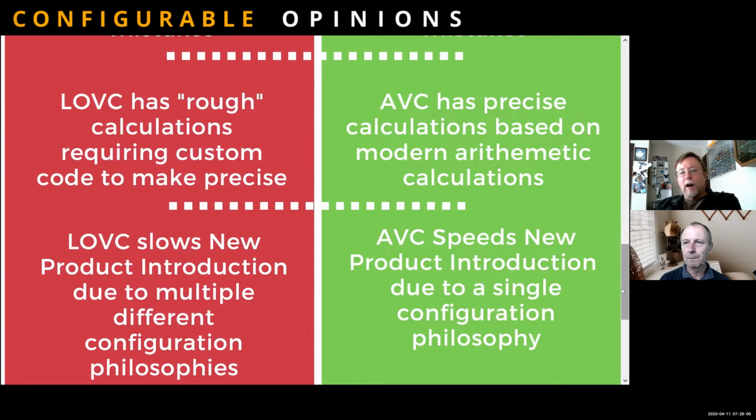And in my opinion, because LOVC is a procedural engine at heart with a constraint engine built on top of it, it actually slowed down new product introduction because you're trying to figure out how to do things, because there's multiple ways that it can be done. And the AVC, in my opinion, is more straightforward. And anytime you have a straightforward approach, you're going to go faster.